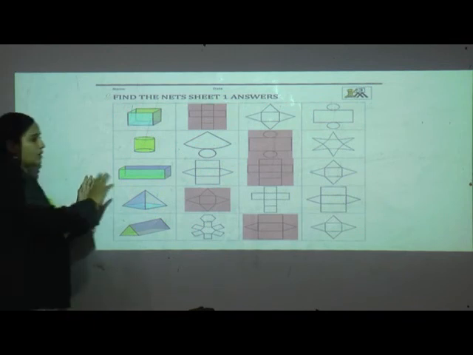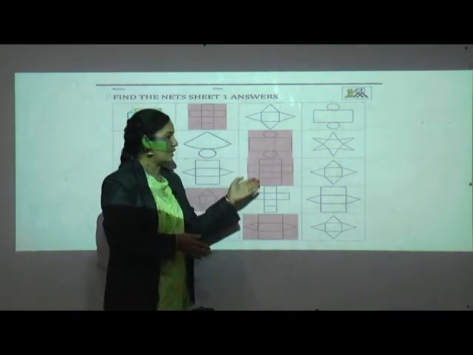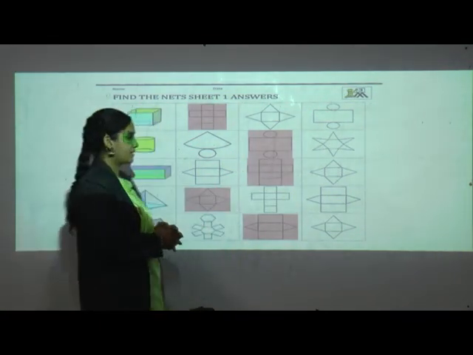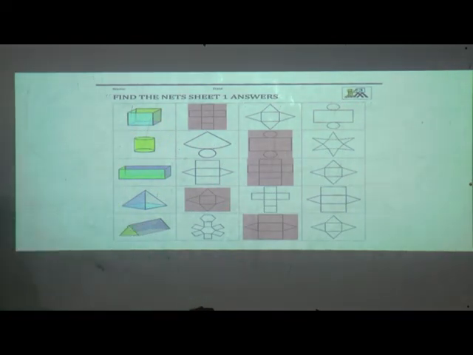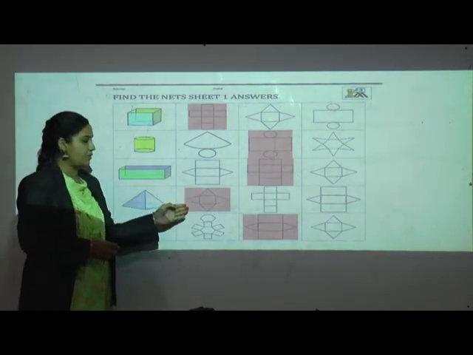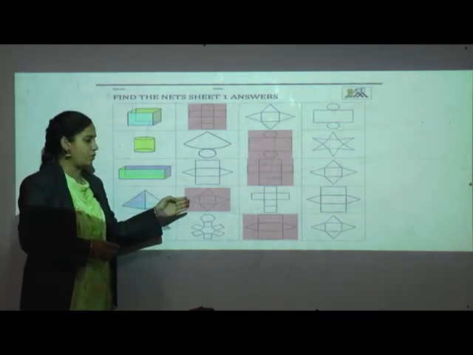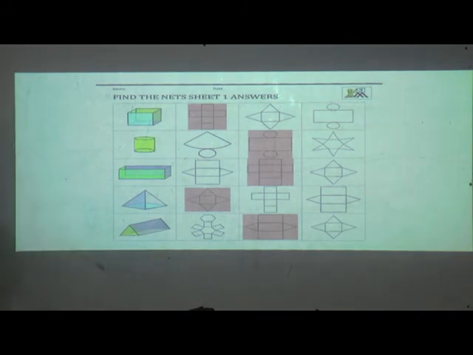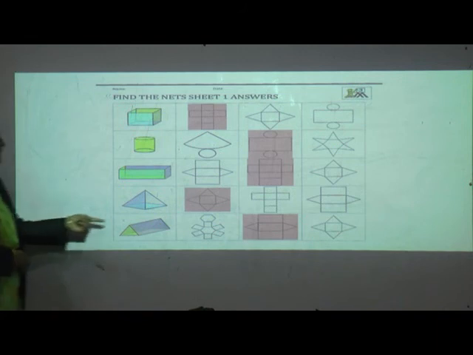When we unfold this figure, it will look like this. Again, which type of shape is this? Yeah, a pyramid, isn't it? When we unfold this pyramid, the net will look like this. Now the last one, this is a triangular prism.